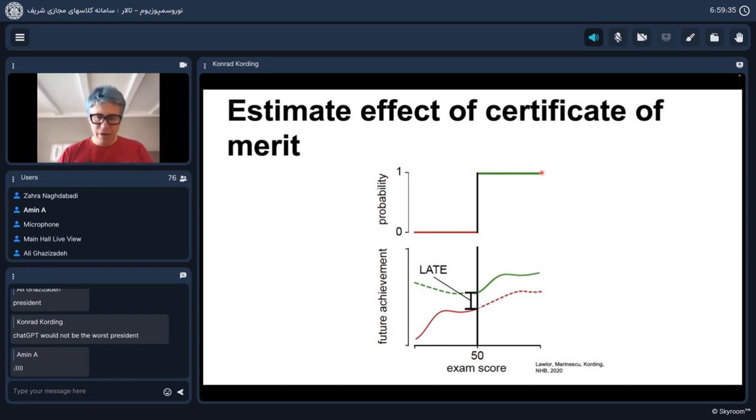Now, let's first plot two hypothetical lines. Imagine we would just randomly sample people out of the population. They don't take the exam. We'll just say, look, here's a certificate of merit. In that case, there's a hypothetical curve where we just choose random people. Now, we don't know what that curve looks like.